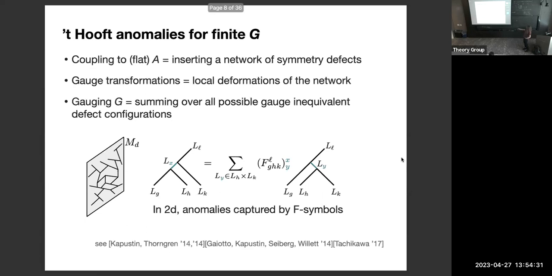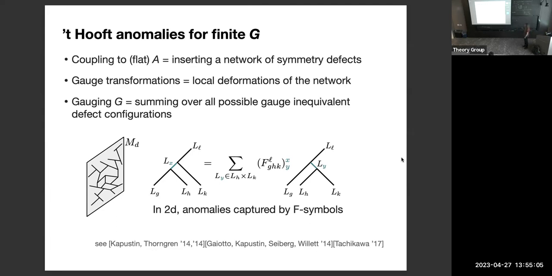So actually, here. For finite symmetries, I gave some description that seems most applicable to continuous symmetries on the previous slide, but I really want to emphasize that this applies equally well to finite symmetries. In general, I can think about coupling my background gauge field, which is a background field for a flat connection in the finite case, as inserting a network of my symmetry defects.